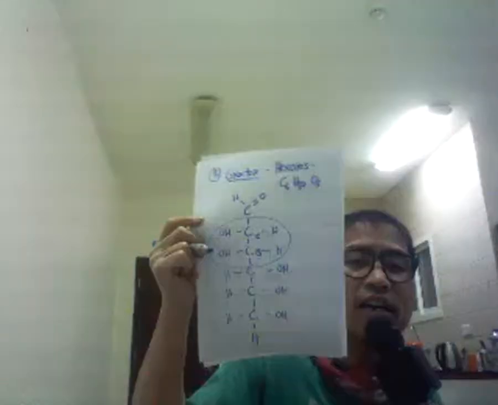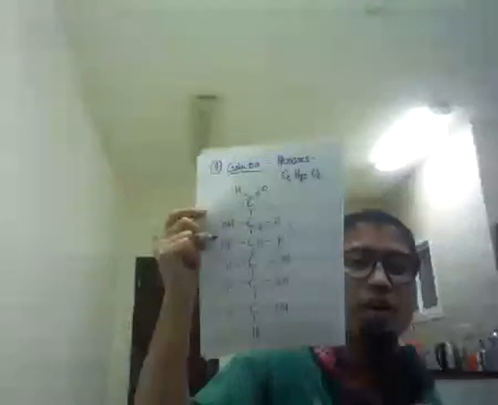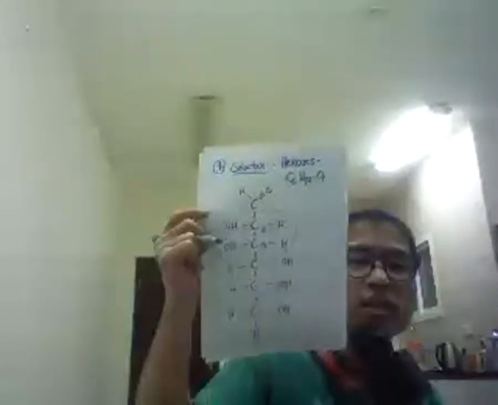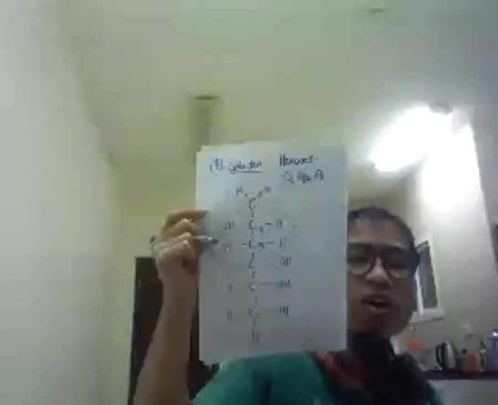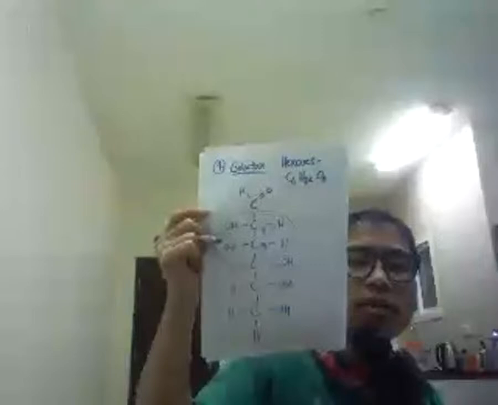So carbon number 4 now, reverse the H to the left. Carbon now, 1, 2, 3, 4, 5, 6. Hydrogen 1, 2, 3, 4, 5, 6.